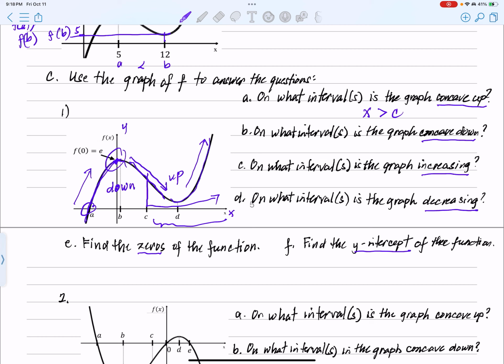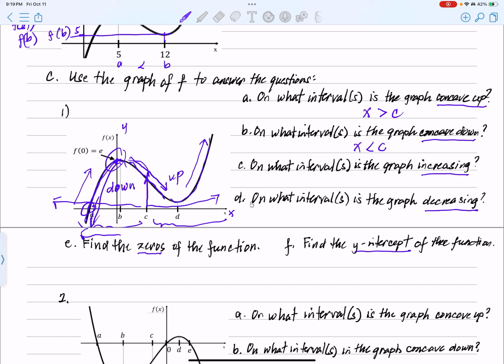From c up. Okay? On what intervals in the graph is it concave down? Okay, where's the concave down? From here, going down. So when x is less than c. Where is x less than c? Right here, going that way. It starts to go down. Okay.